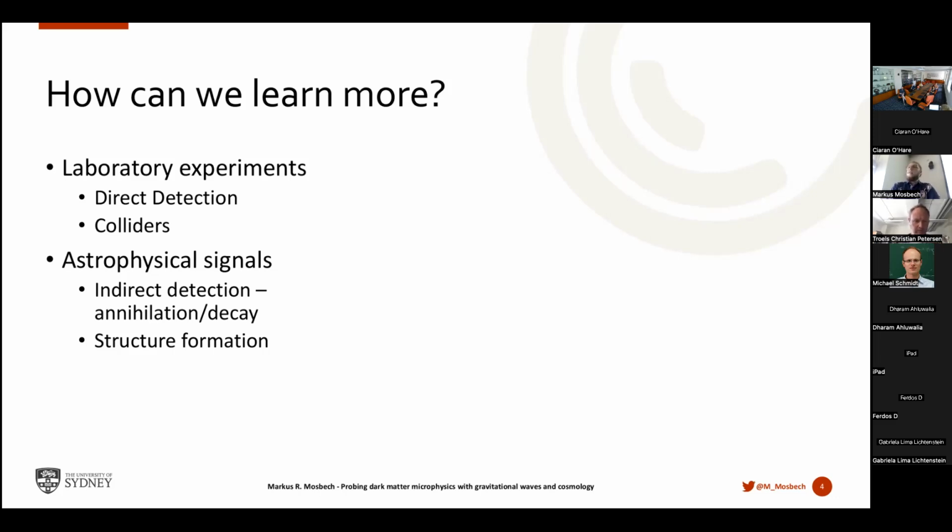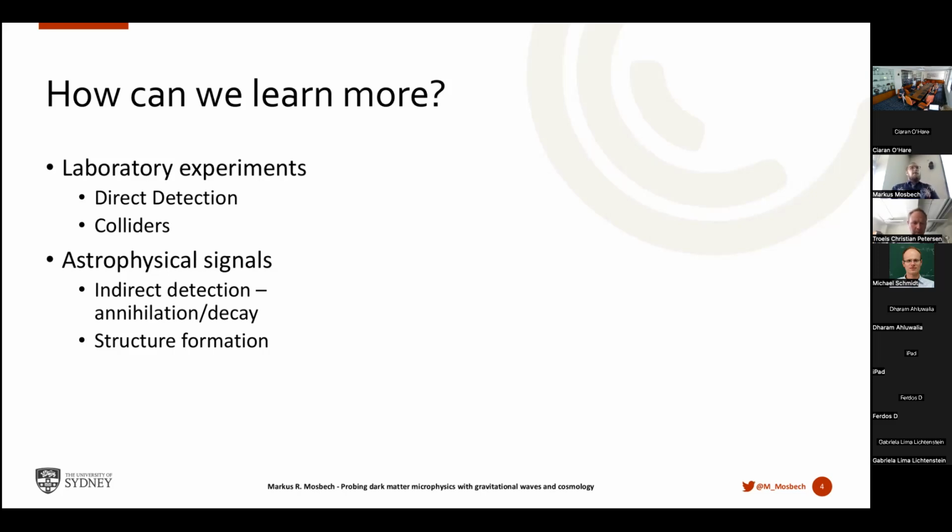We do know that dark matter is somewhere out in space, and we can look at astrophysical signals to see if we can find it. Again, we have what's called indirect detection, which is essentially if the dark matter is doing some sort of interaction with standard model particles that causes radiation or other particles to be emitted, maybe we can detect those particles, and we can detect more of them coming from areas with lots of dark matter, such as the galactic center.